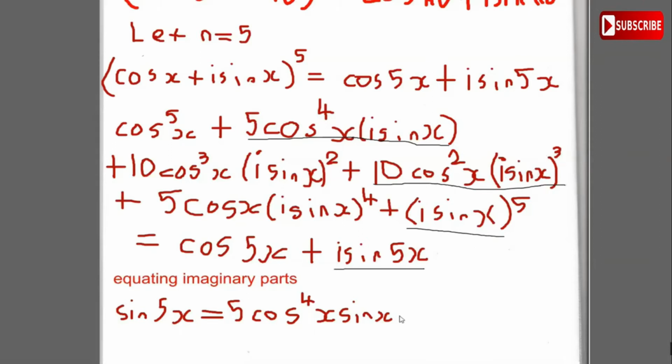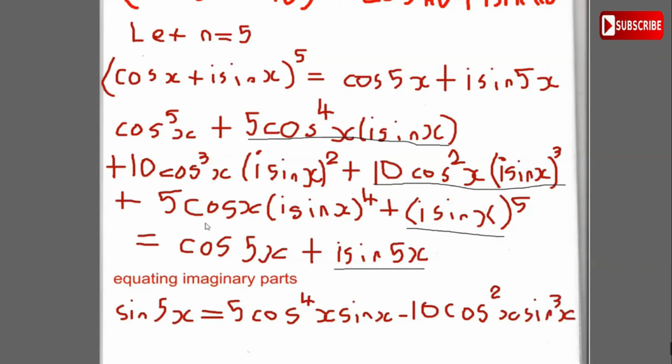So this is going to become minus 10 times cos squared x times sin cubed x. Nice and easy so far.